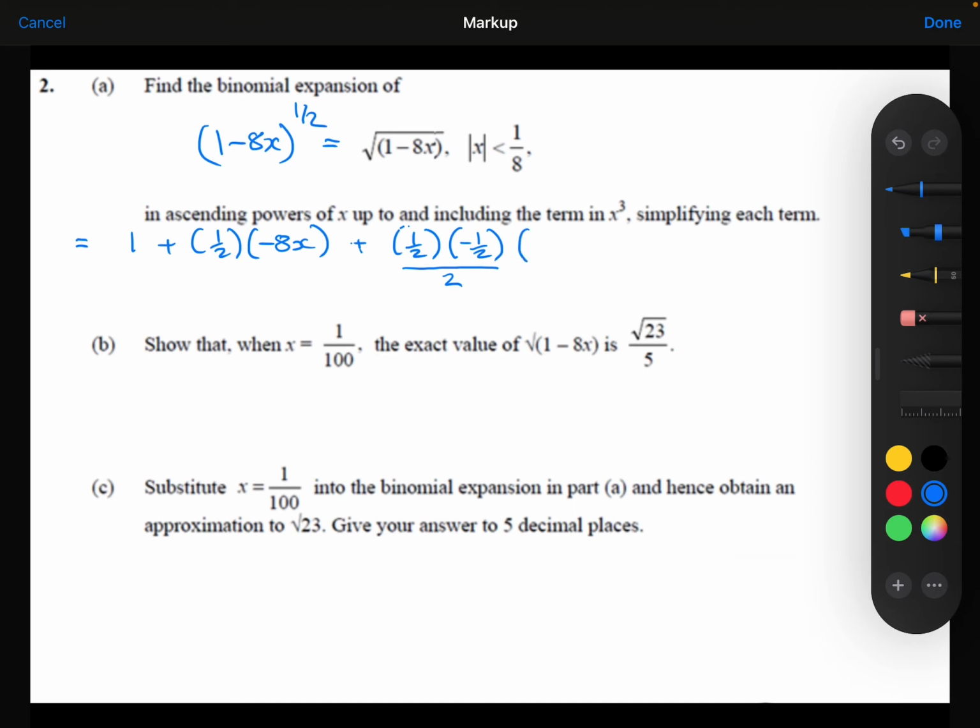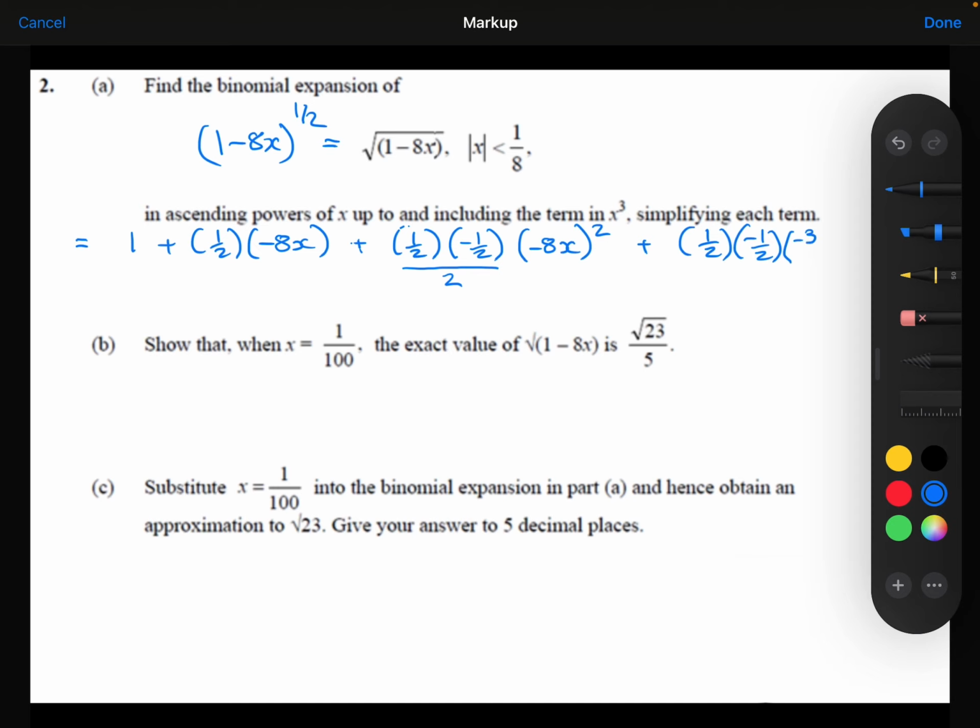And then I've got the x squared. And then we do need to go up to the x cubed term here. So we need one more. The next number in this sequence would be n times n minus 1 times n minus 2. So we need to take away another 1 now.